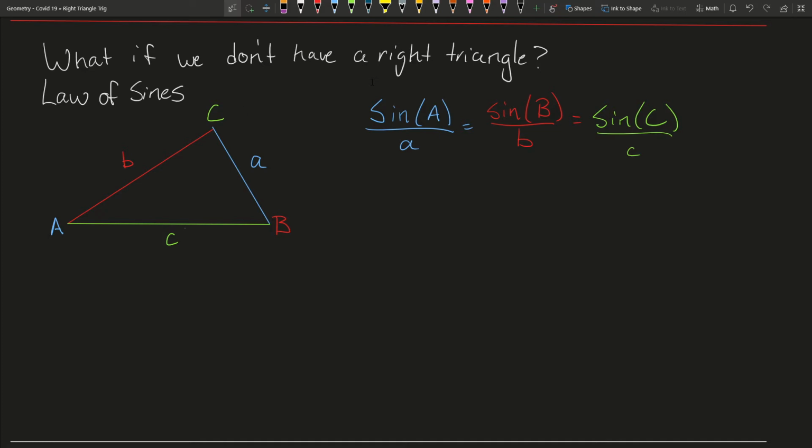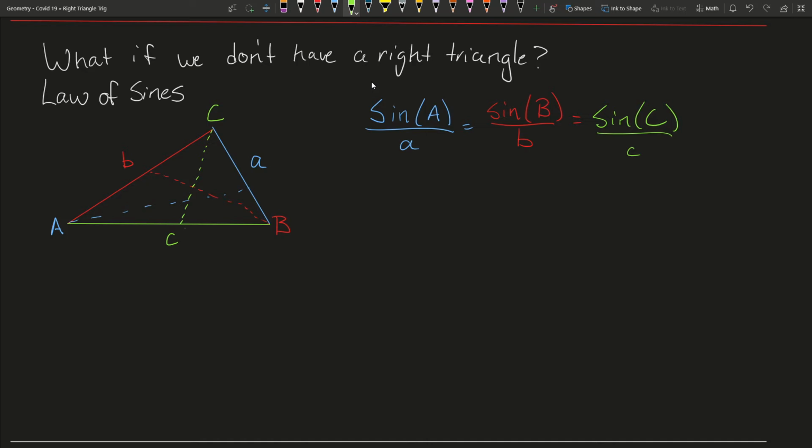And what this says is that if we do not have a right triangle, or really even if you do have a right triangle, I think this works for everything, you can cut up the triangle as angles and their opposites. So this angle A and its opposite side, lowercase a, this angle B and its opposite side, lowercase b, and this angle C and its opposite side, lowercase c.